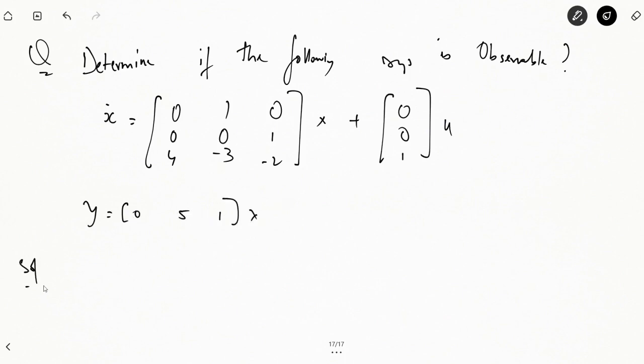So you have to find out whether this system is observable or not. For that, you will find out the observability matrix given by C, CA, CA squared in this case.